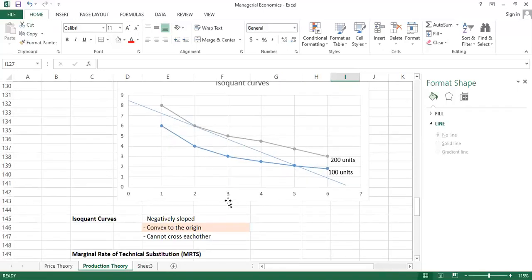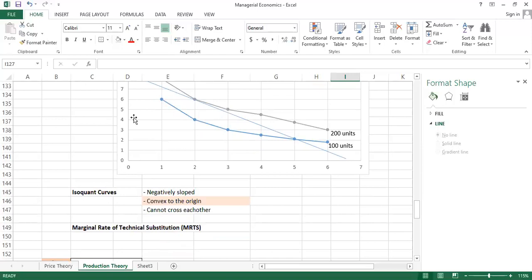What is the meaning of marginal rate of technical substitution? The level of one input which can be reduced when the other input increases by 1 unit is called the marginal rate of technical substitution.